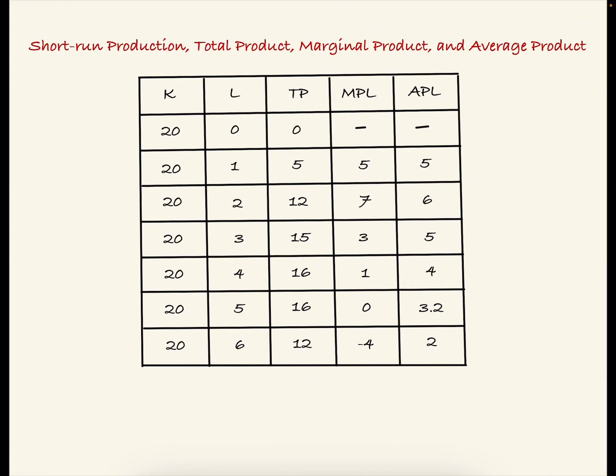And finally, when we add the sixth unit of labor, our total product decreases to 12, which means that the marginal product of the sixth unit of labor is negative, and its value is negative 4. As you can see in the table, average product is simply found by dividing the total product by the quantity of labor.